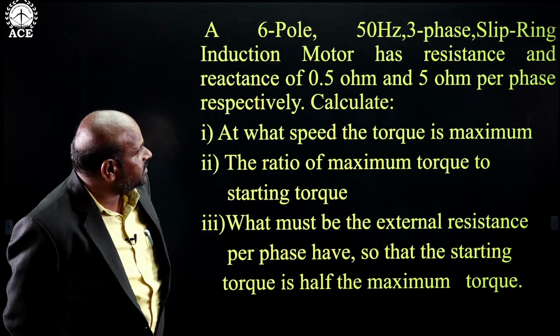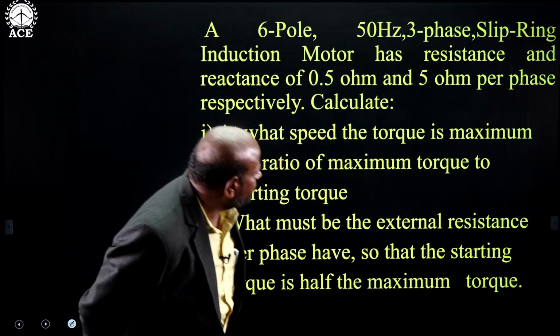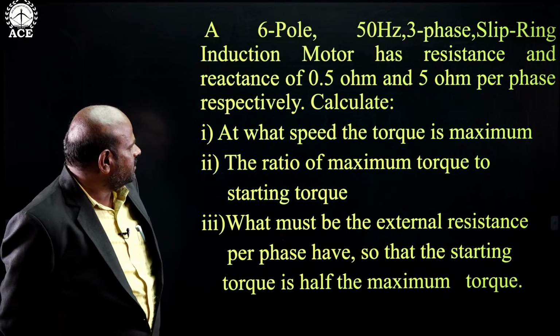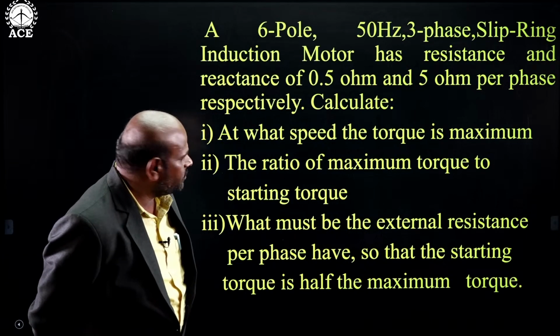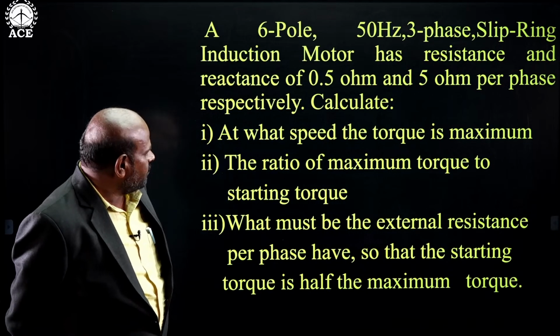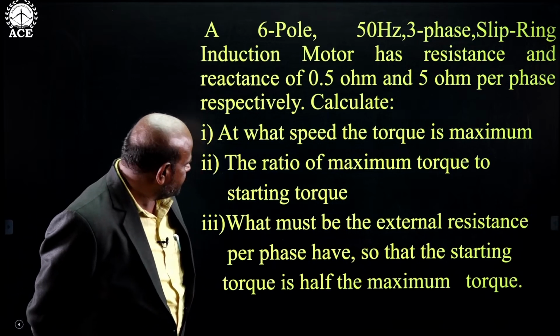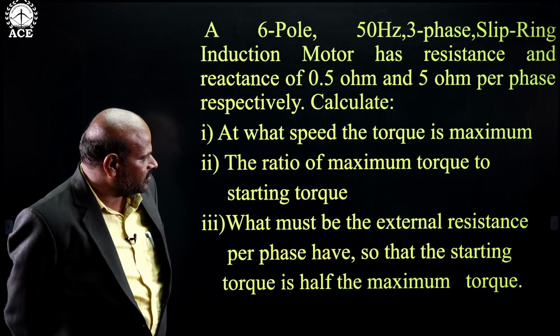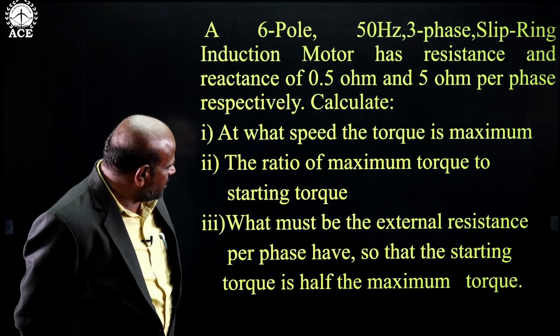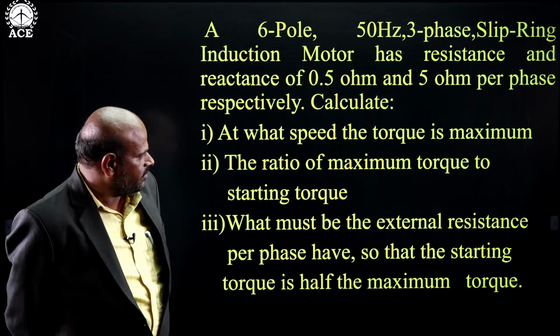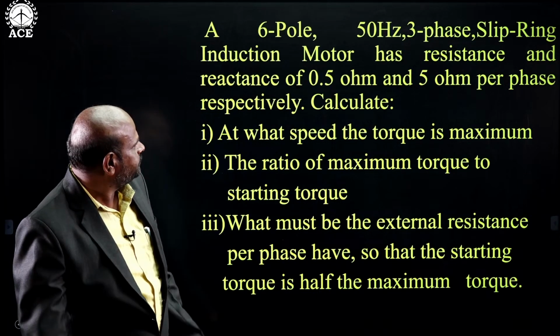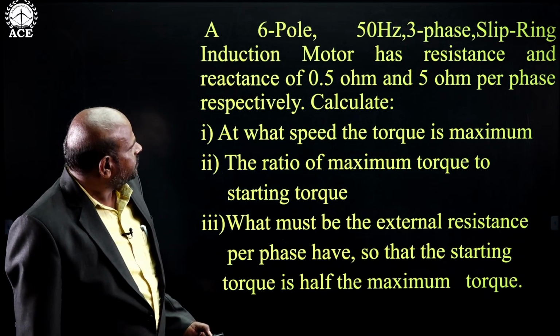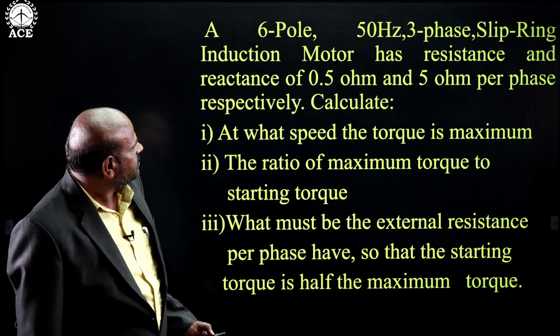Calculate at what speed the torque is maximum. Second, the ratio of maximum torque to starting torque. What must be the external resistance per phase so that the starting torque is a fraction of the maximum torque. Just now we have derived the relations. First of all, write down the given data.